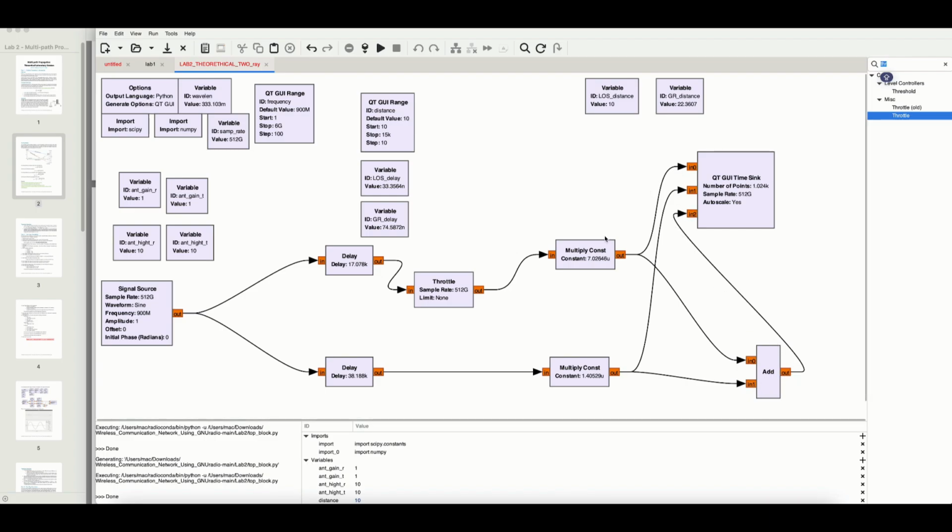If both of these signals are constructively added together, you will see a combination of that in this display, and you're also visualizing the actual signal from your line of sight and from your ground reflected signal. Now let's quickly run this simulation.